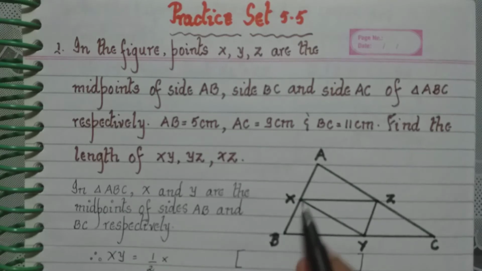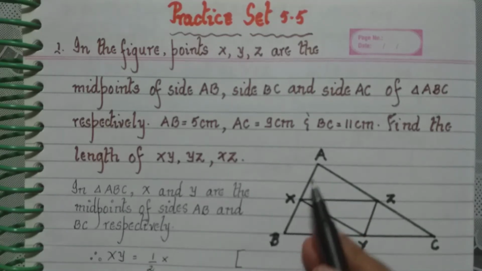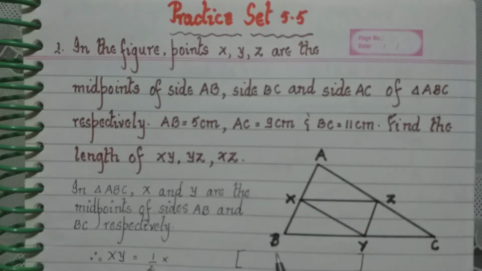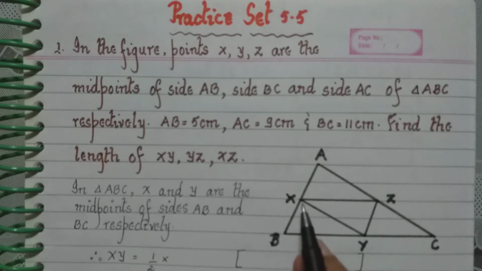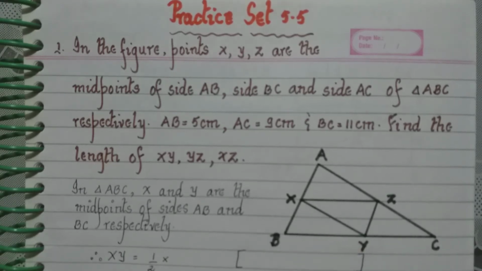They have given the lengths of the sides: AB is 5 centimeters, AC is 9 centimeters, and BC is 11 centimeters. We have to find the lengths of the sides of triangle XYZ, that is, the lengths of XY, YZ, and XZ. Now, how do we start this?